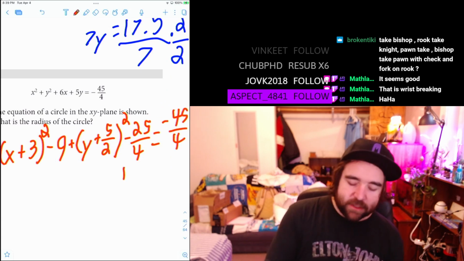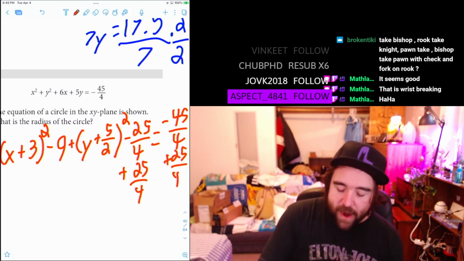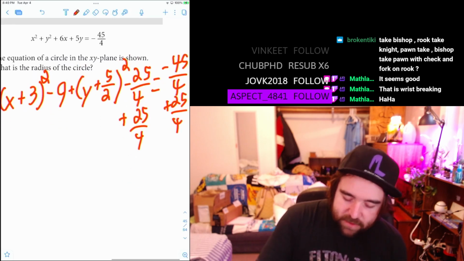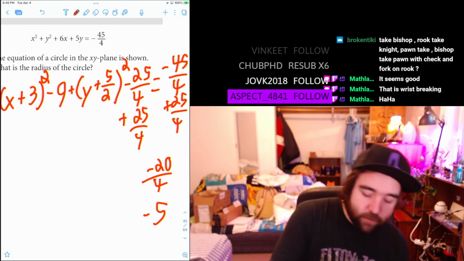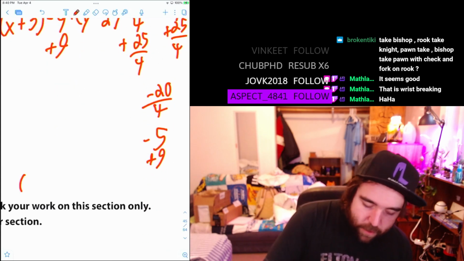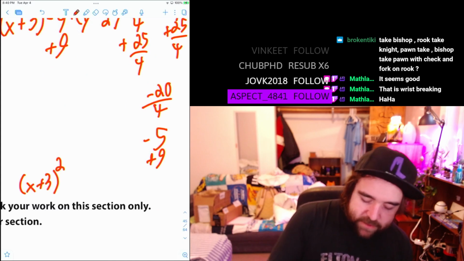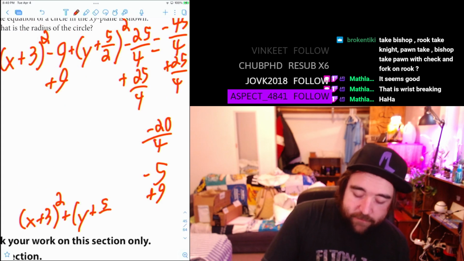And see what I mean, because now when we add 25 over 4 to both sides, there's already a common denominator. So we would just end up with negative 20 over 4, which is just negative 5. So that's great. And then we're going to add the 9 to the other side, and so we end up with 4. So our final equation is x plus 3 squared plus y plus 5 halves squared.